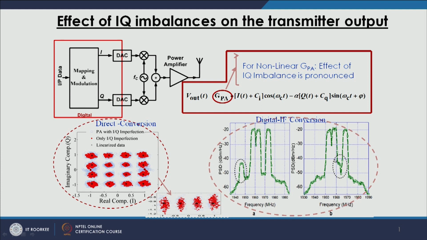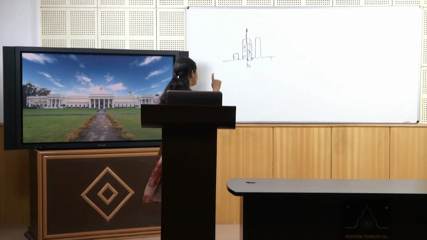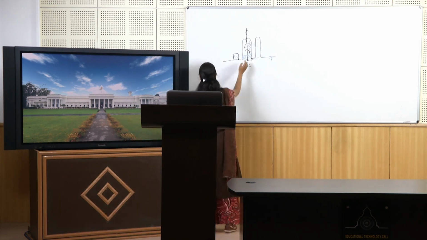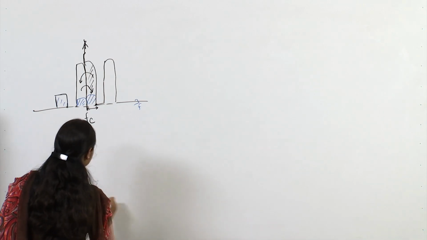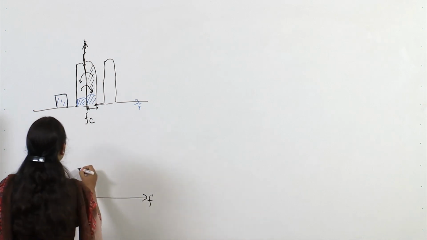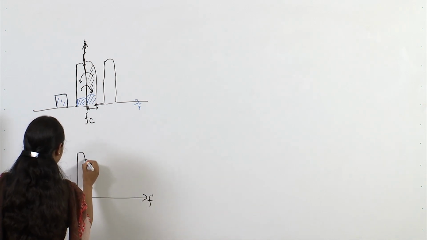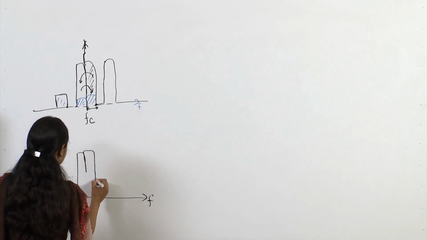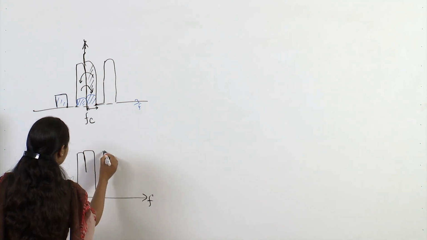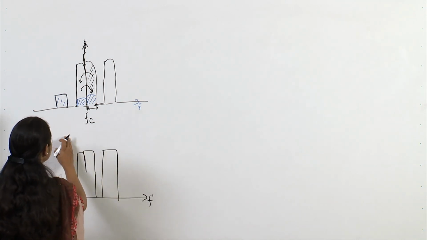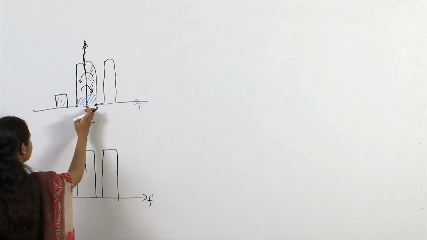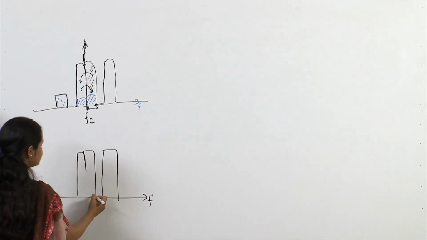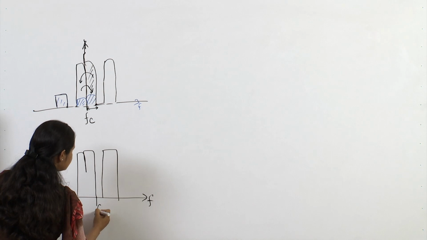Now, we are shifting and taking the data around this middle point. So, the same signal, but FC is not here anymore. Previously our signal was here, now we are saying that our FC is here.